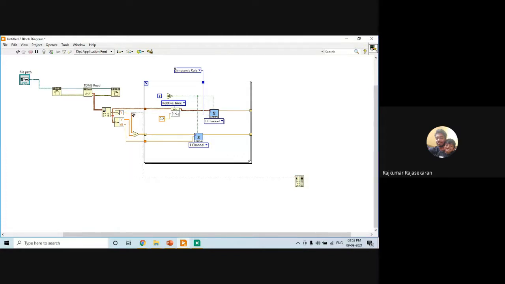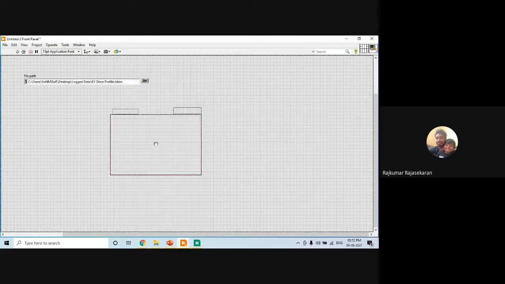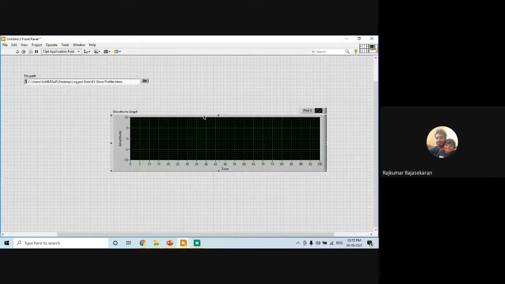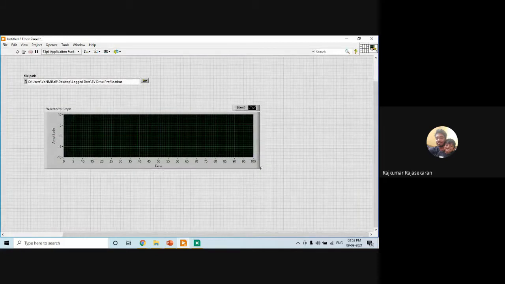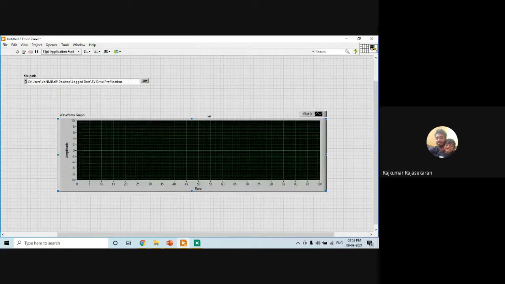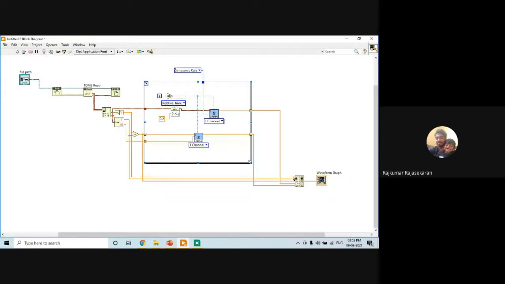I'll have voltage here, current here, power as the third element, the fourth one will be the charge, and the fifth one will be the energy. And here we'll be having 1, 2, 3, 4, 5.